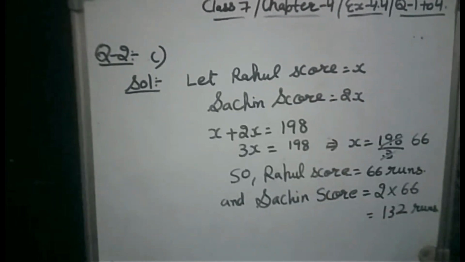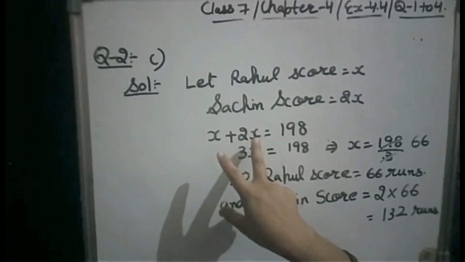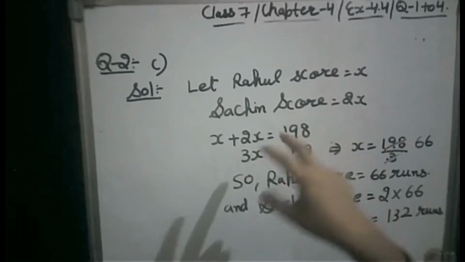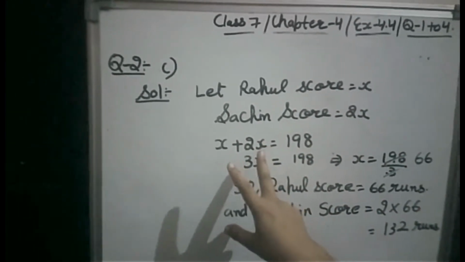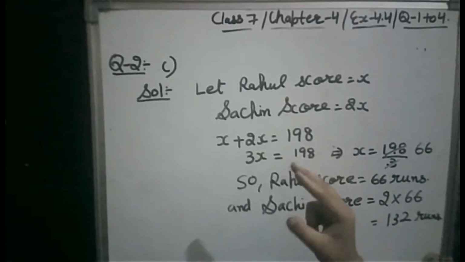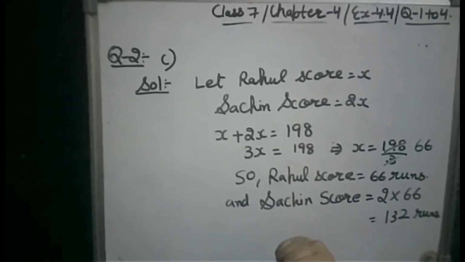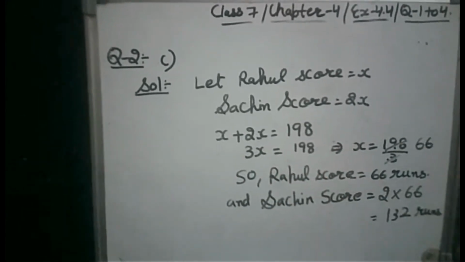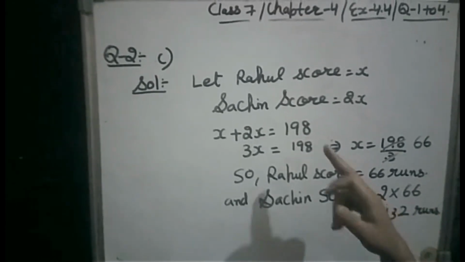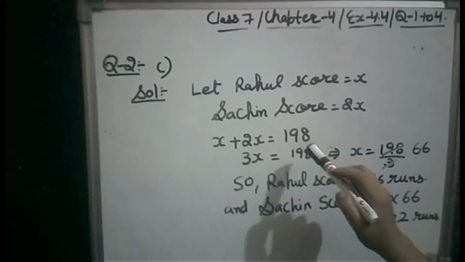Now according to the question, when together we add both the runs, they have got 2 less than the double century that I told you in the introduction part. So it means 200, 2 runs less than a double century, that would be 198.